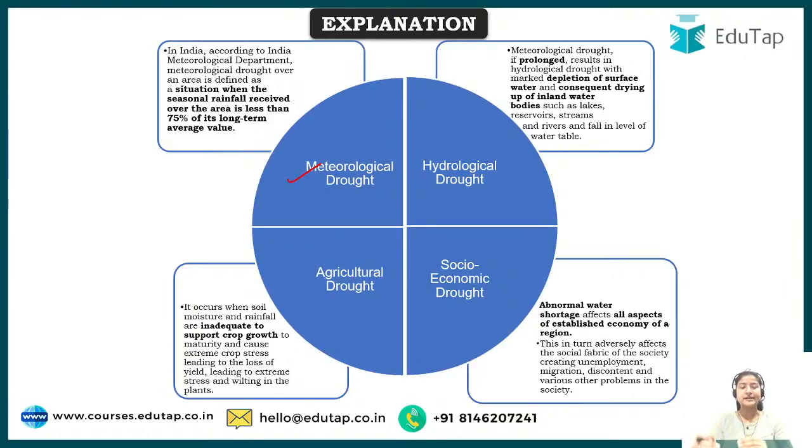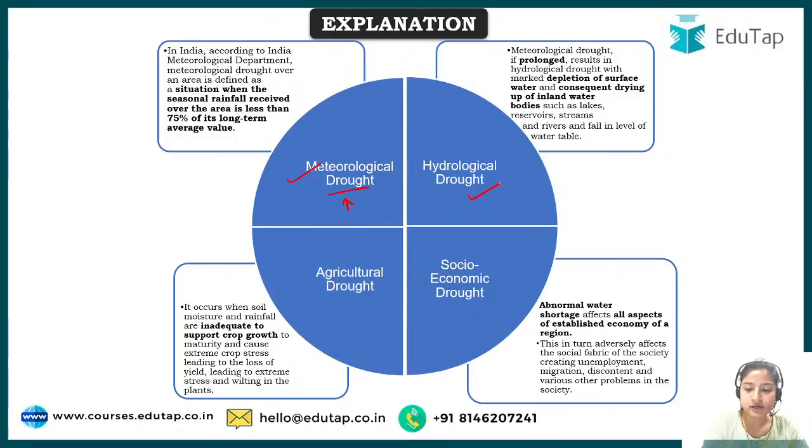If the cause is that this time the rain wasn't much, we'll say it was a meteorological drought. What is drought, first of all? For all of those who don't know, a drought is a condition where there is scarcity of water, when no water exists. That condition is known as drought. Meteorological, now I guess you must have understood.